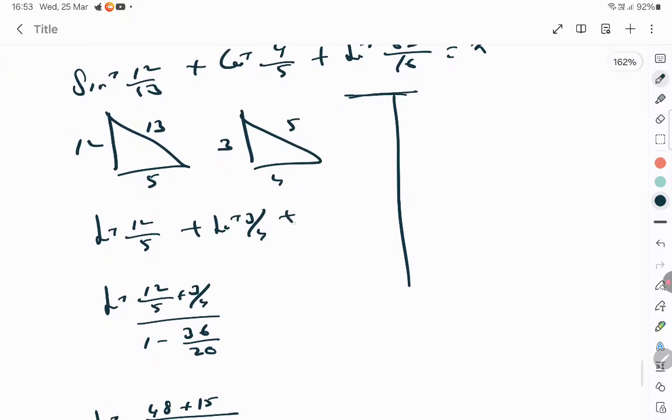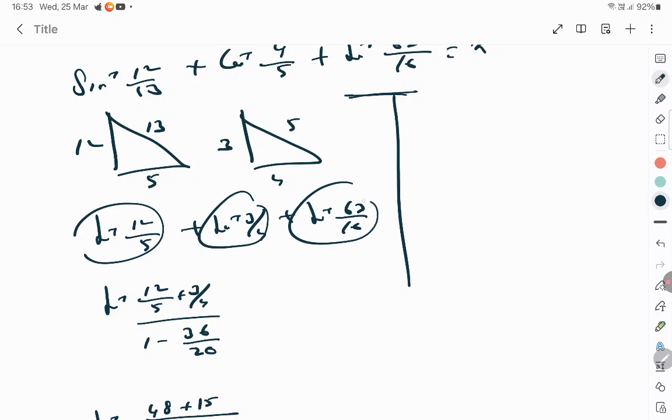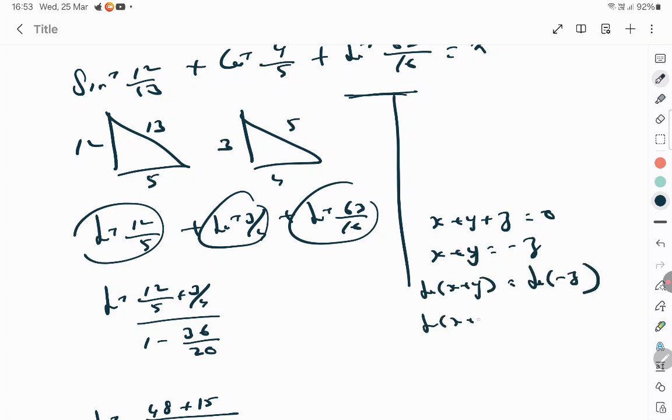Therefore, what you do, you write the third term here and consider this as x plus y plus z. X plus y plus z, we got it as 0. Take the z to the other side. Insert a tan on both sides. And tan of (x plus y) you can write as tan of minus z.